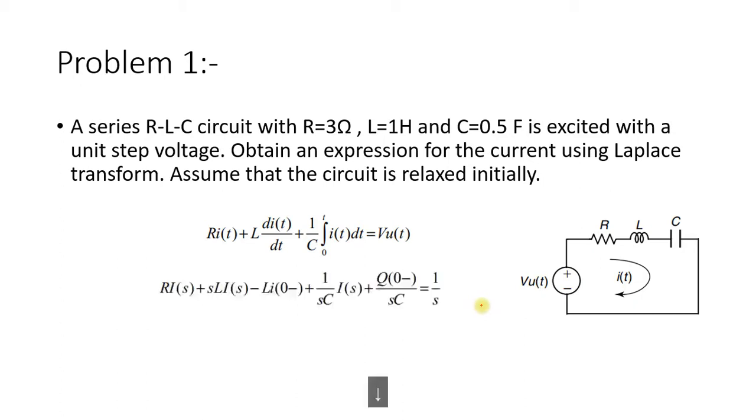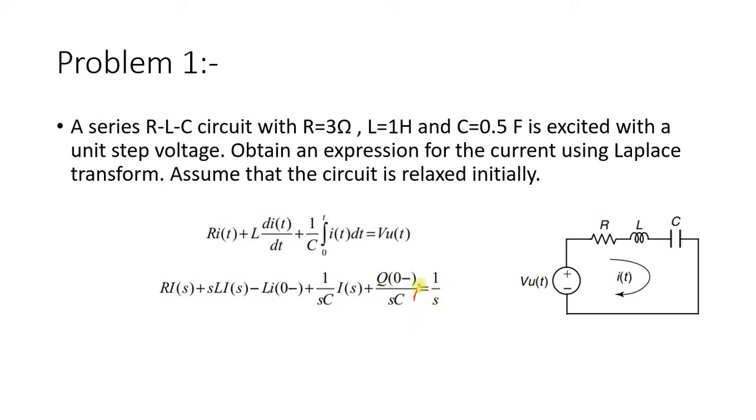Now you apply the Laplace transform. Therefore R into I of s plus s into L into I of s minus L into i of 0 plus 1 by sC into I of s plus q naught divided by C into s is equal to 1 by s.